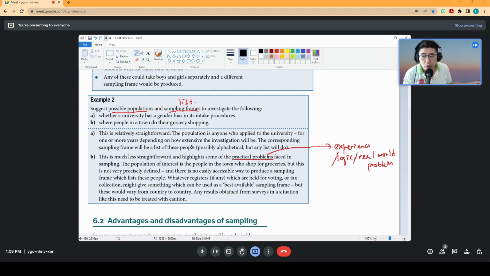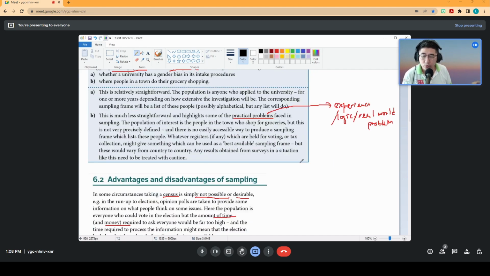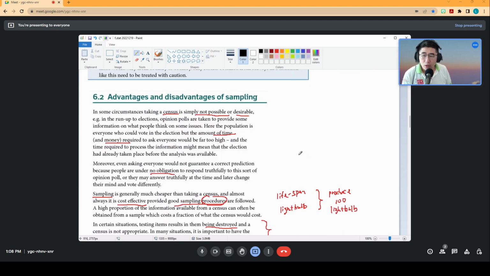Okay, so you need to know how to think about it. Okay, the practical way to do the collection must be logical, and usually this will be a real world problem.